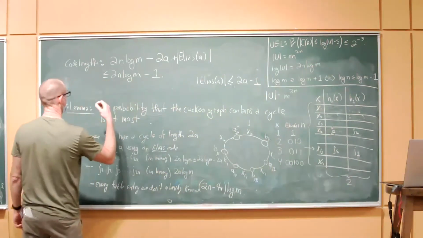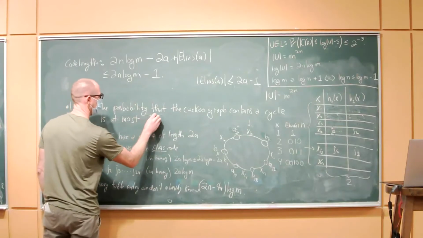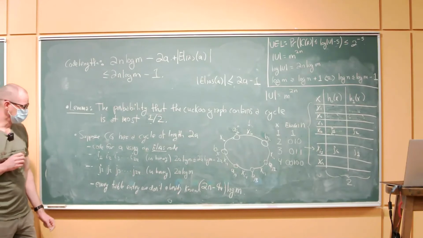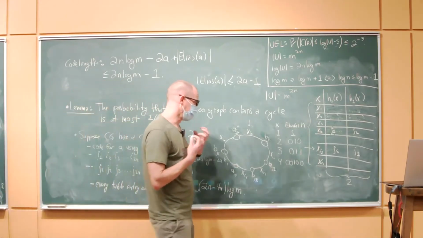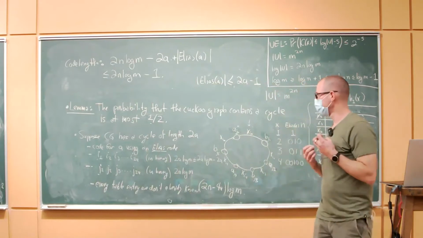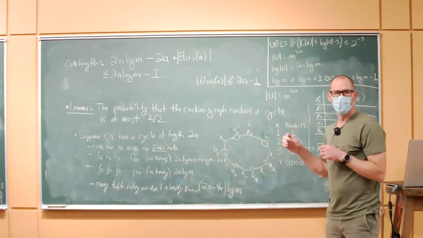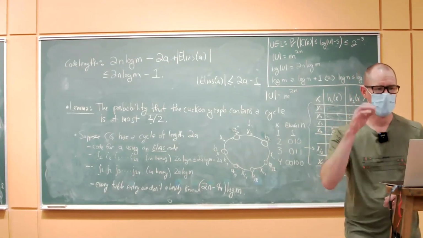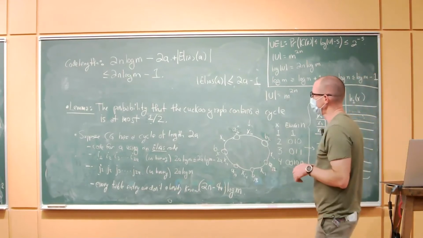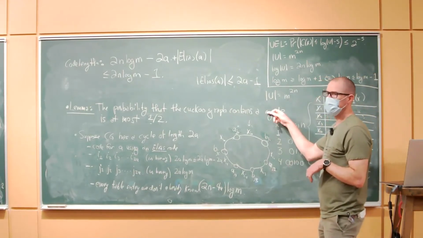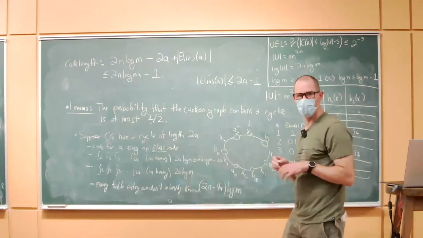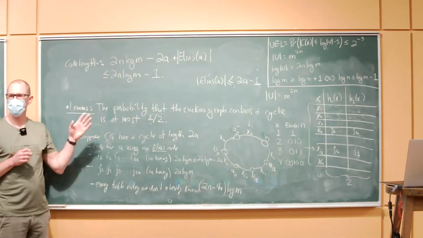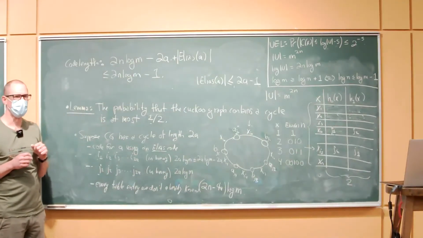It's a 1. So this is at most 1/2. So an incredibly complicated looking property of this Cuckoo graph, we can get a good upper bound on it. And we didn't really do any probability. We just came up with a clever encoding scheme.